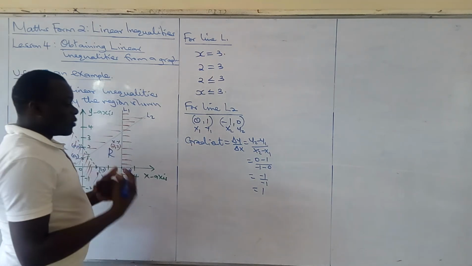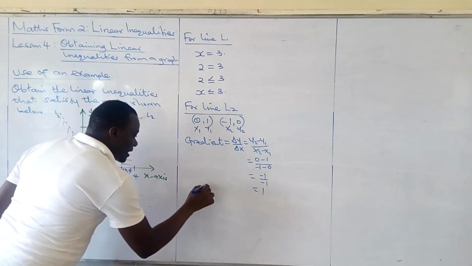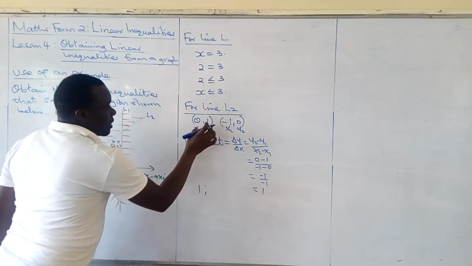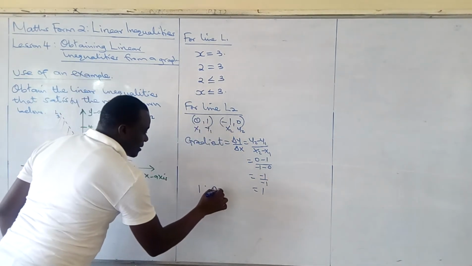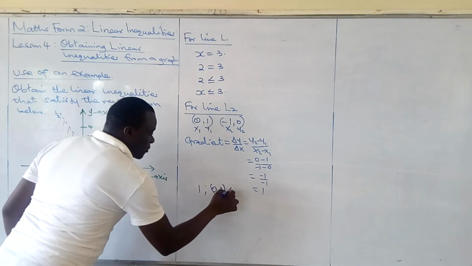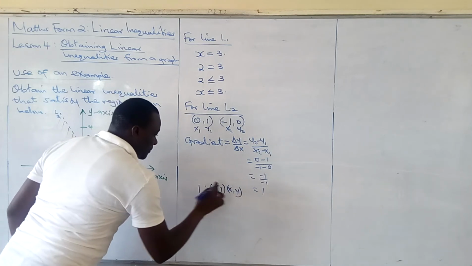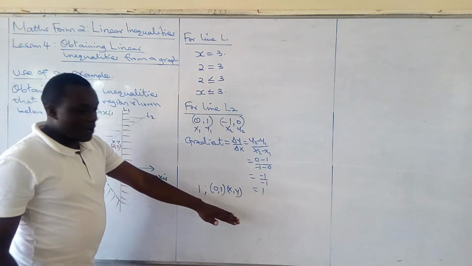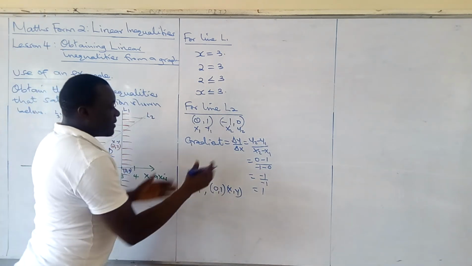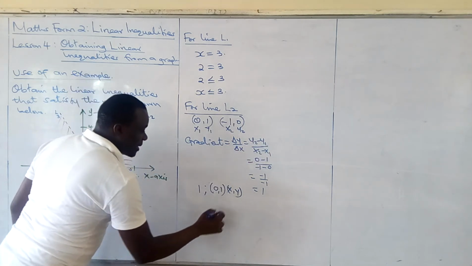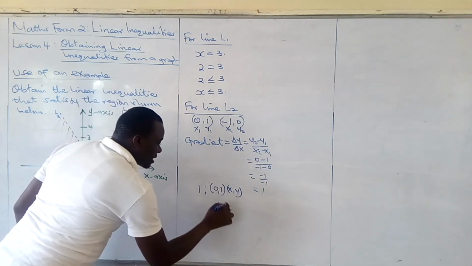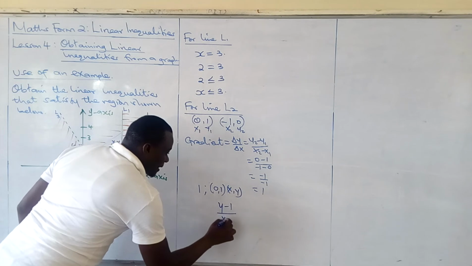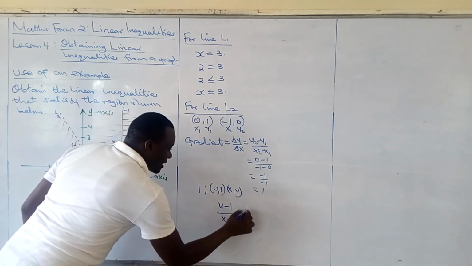We want to obtain the equation. Once we have the gradient, we can choose one of the points that we have, and we assume we don't have the other given point. So we now apply the same concept of finding the gradient by saying y minus 1 over x minus 0 should give us the gradient.